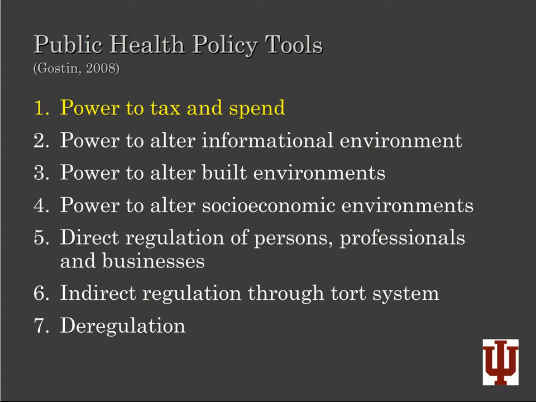It raises funds or directs expenditures, if you will, through this power. Tax on sale of, say, hazardous products, tobacco, production of needed vaccination or medication, emissions taxation, tax expenditures, incentives for desired behaviors such as maybe green space. These are all examples of the power to tax and spend.